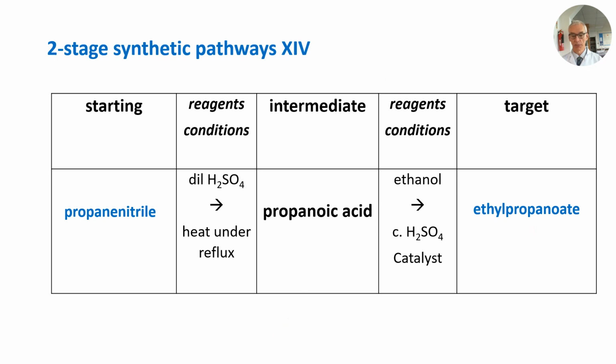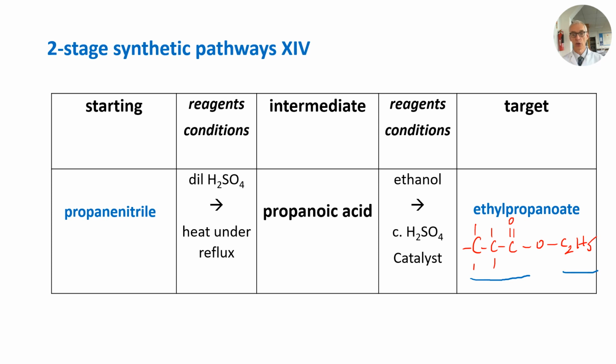Now, if that causes any problems, you probably need to draw the structure of the product. So there is ethyl propanoate. So we're going to make propanoic acid. This is the chain of the propanoic acid, and then we're adding on the carbon skeleton of the alcohol, so ethyl propanoate.